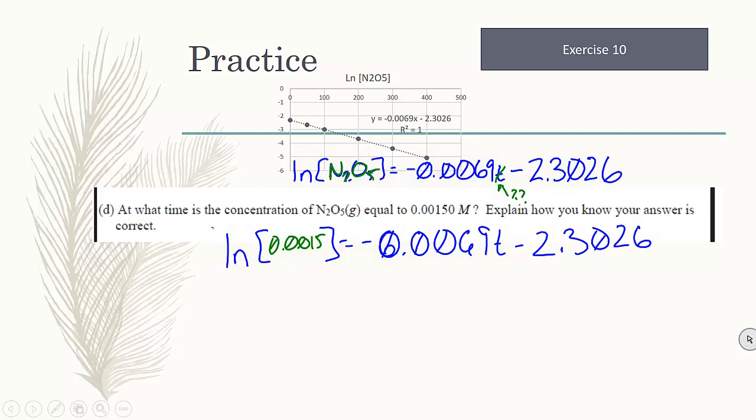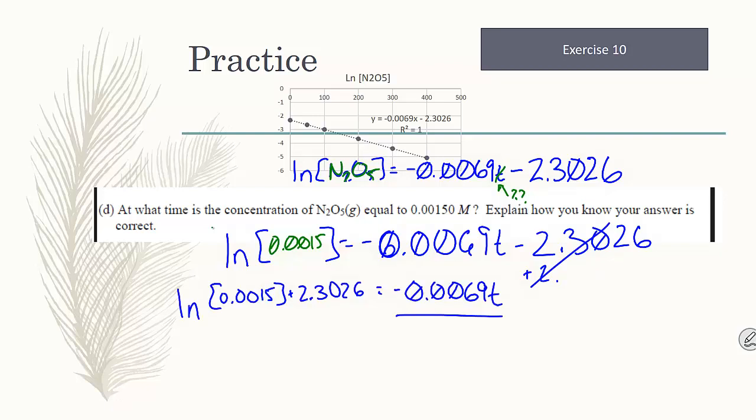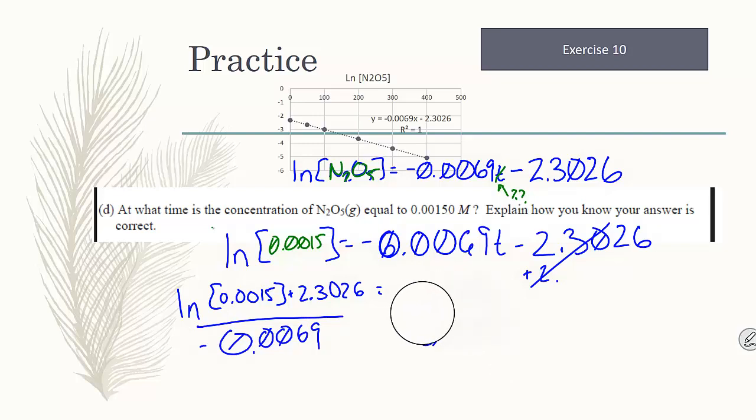Some algebra means I need to get t by itself. So if I add 2.3026 to both sides and then divide by negative 0.0069, I can solve for time on its own.